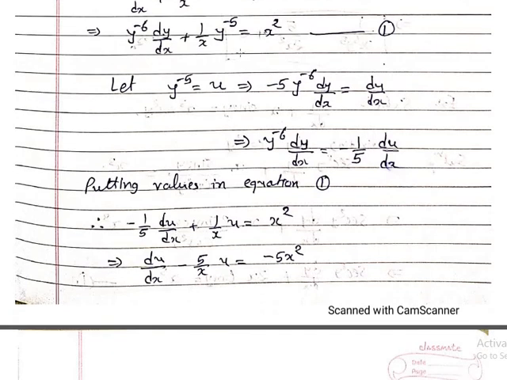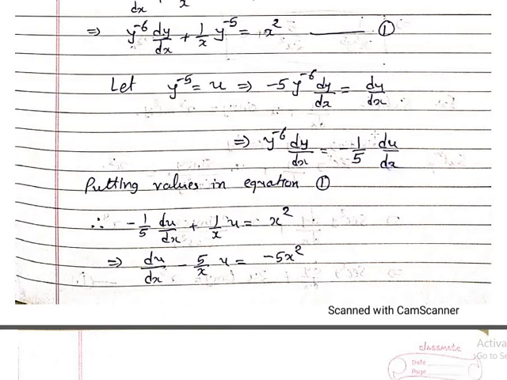Now what you have to do is, you have to assume y raised to minus 5 is equal to u. You have to assume for this term, whatever the term with p(x). So y raised to minus 5 is equal to u. That will give minus 5 y raised to minus 6 dy by dx is equal to du by dx. So you have y raised to minus 6 dy by dx is equal to minus 1 upon 5 du by dx.